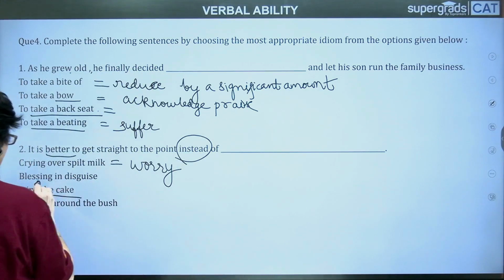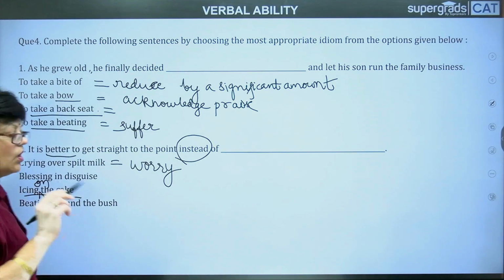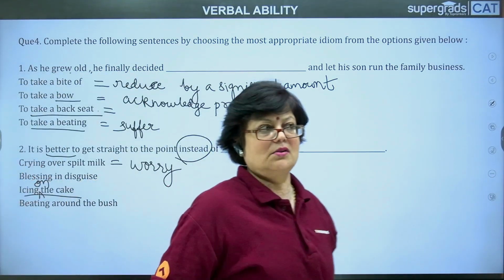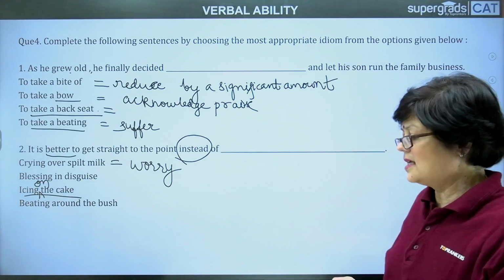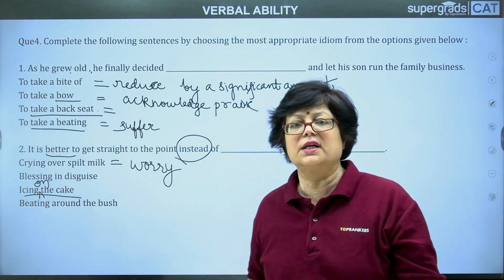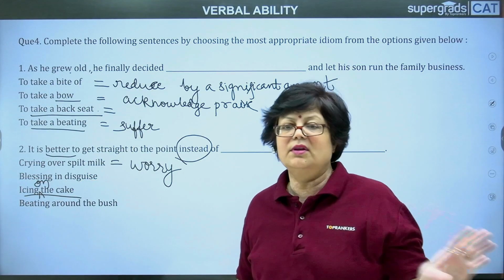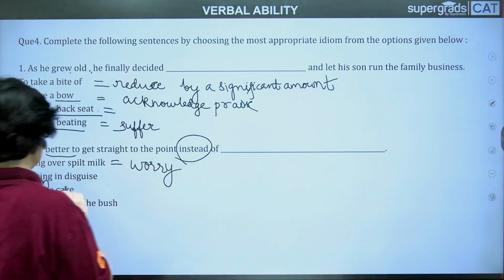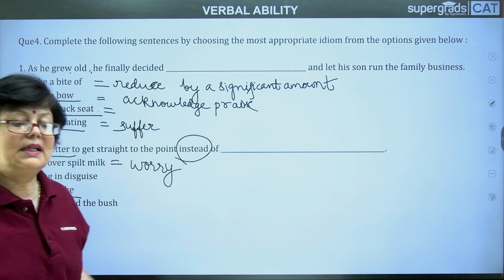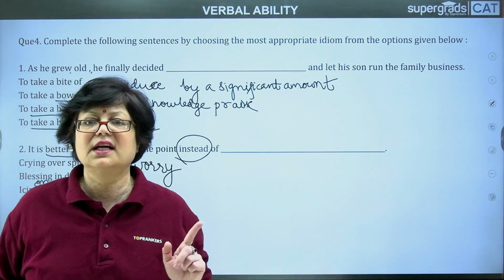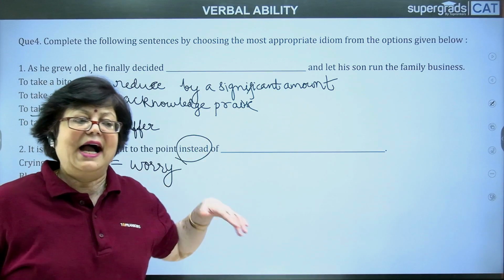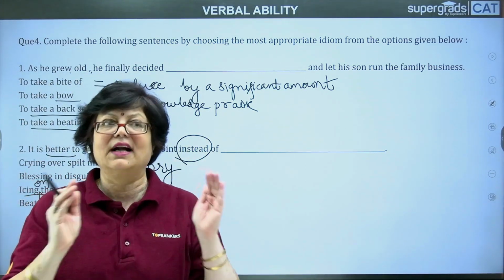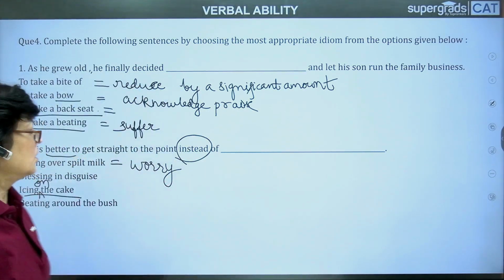So watch out for the wrong idioms also. An idiom which has a wrong preposition or wrong word but looks quite similar will never be the correct answer. Icing on the cake is an added advantage, so it doesn't fit in the context.